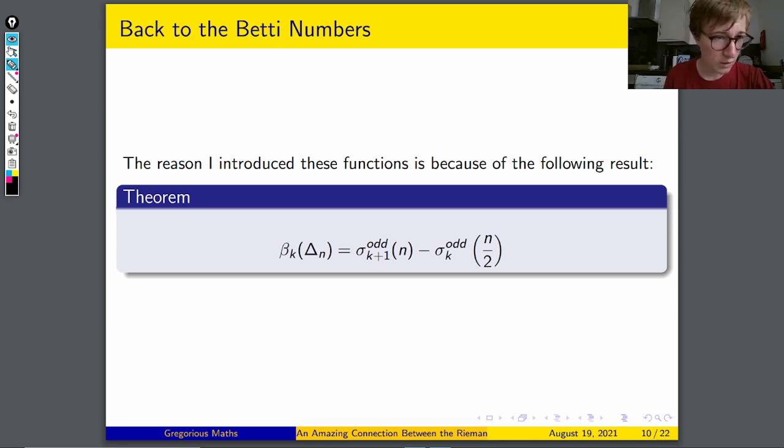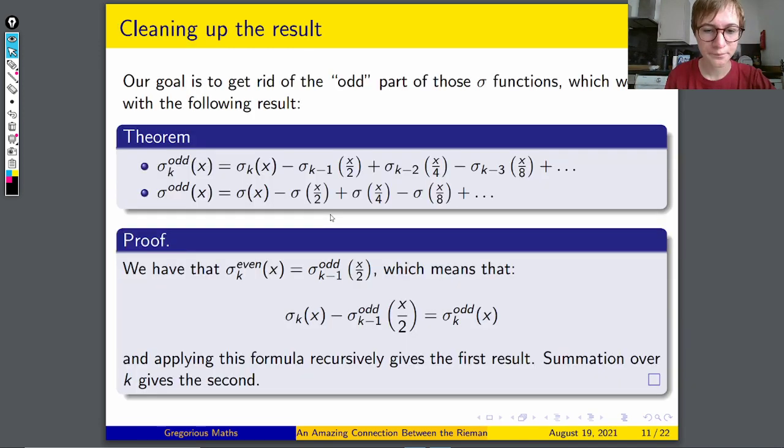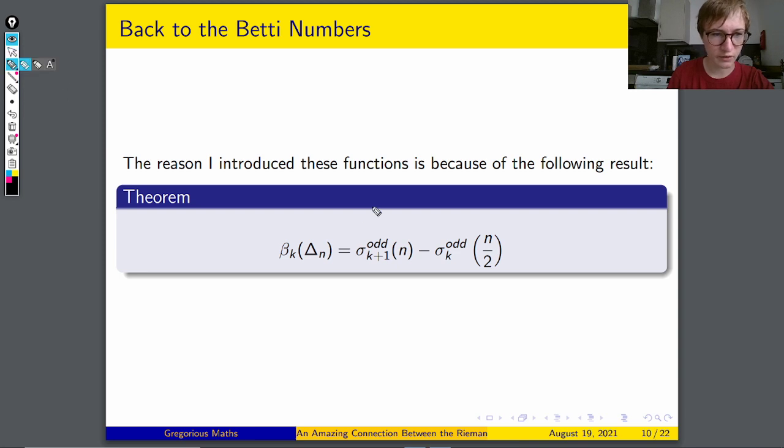So, that's nice, but we're not going to settle for this. We're going to try and make this nicer. And in fact, you can. The way that we're going to make this nicer is, well, we don't like this odd right here. We're just going to get rid of this odd stuff. So, that's exactly what we're going to do.